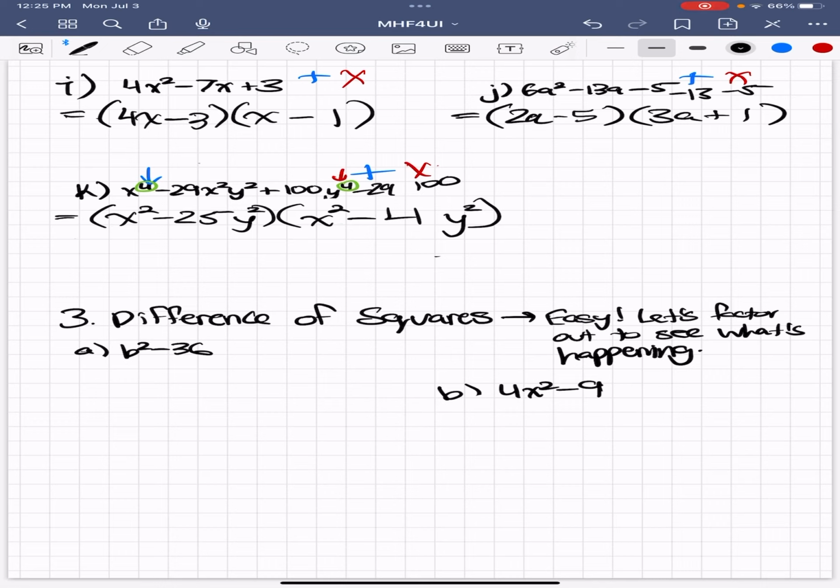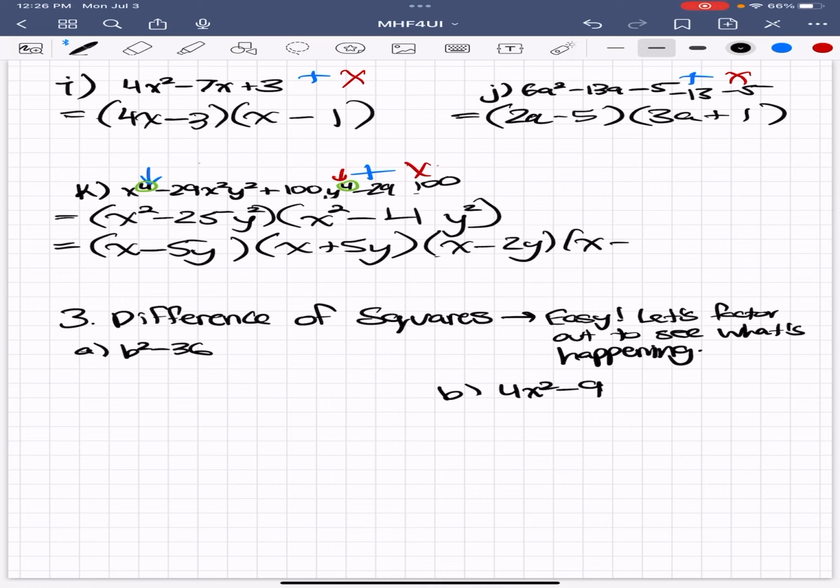So what numbers add to negative 29 and multiply to 100? And there's your final answer.